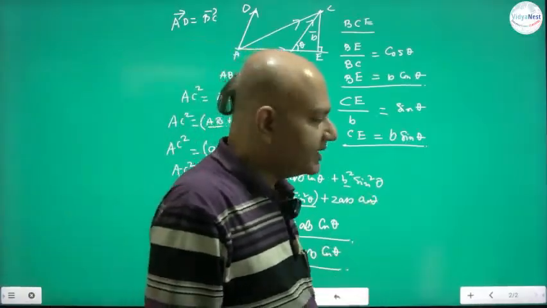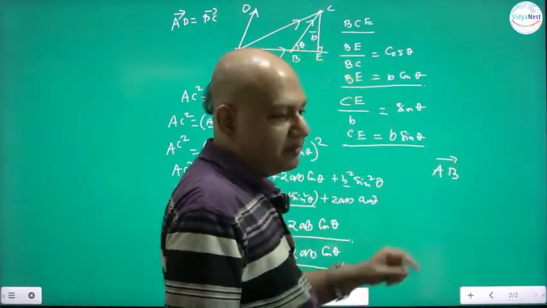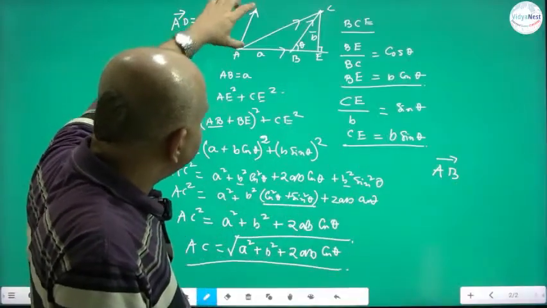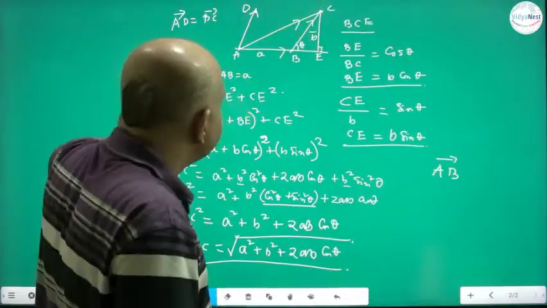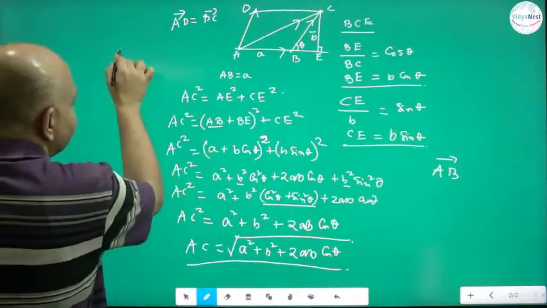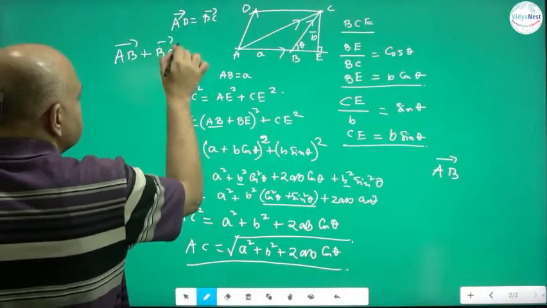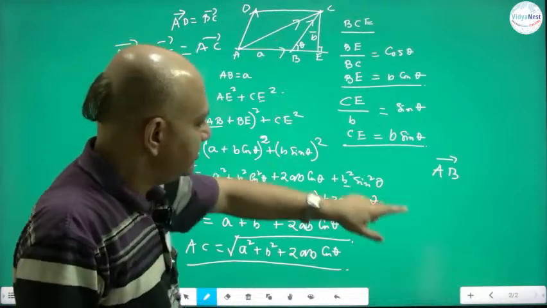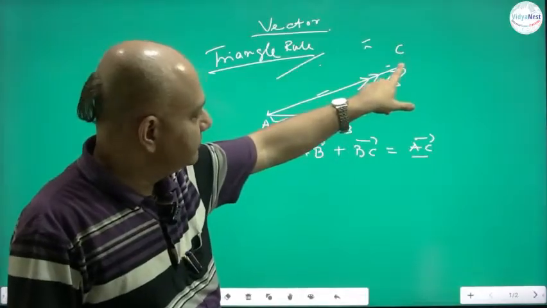Whenever we write a vector, suppose vector AB, we give a bar sign, a directed line segment, because it is a vector quantity. Then AD vector is in this direction and BC vector is the same vector. That's why AB vector plus BC vector is equal to AC vector, just as previously written, isn't it?